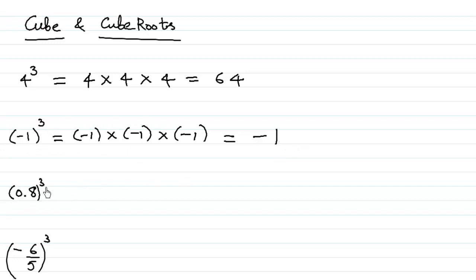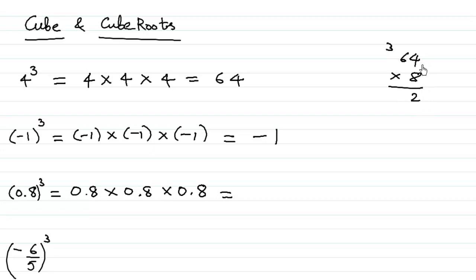And then 0.8 cube is 0.8 multiplied by 0.8 multiplied by 0.8. So 8 8s are 64, and then 64 multiplied by 8: 4 8s are 32, 3 carry, 6 8s are 48, 49, 50, 51. So we have 512.